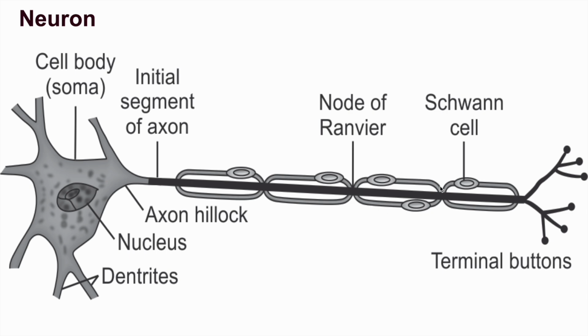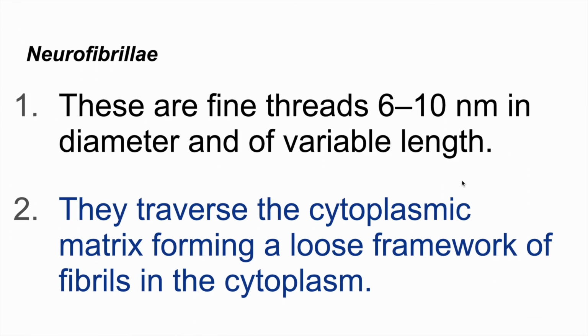Insulator doesn't allow any current to leak from the nerve fiber. Schwann cells multiply the myelin sheath, constantly forming concentric layers around the nerve fiber. The spaces between the myelin sheath are called nodes of Ranvier.